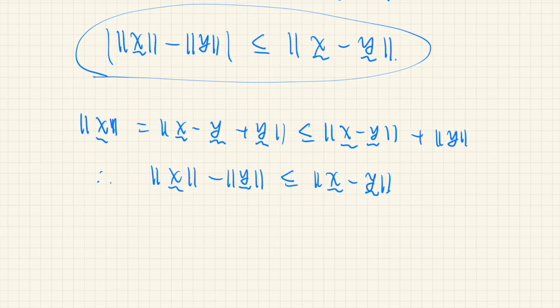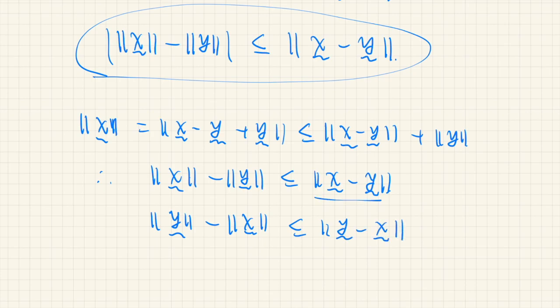And by symmetry, we can also prove the norm of y minus the norm of x is less than or equal to the norm of y minus x. But this one and this one, they are the same.